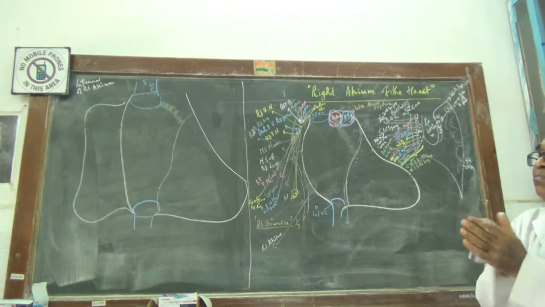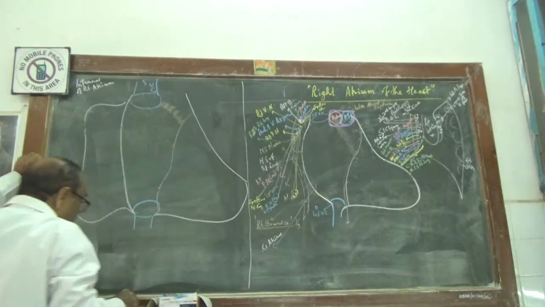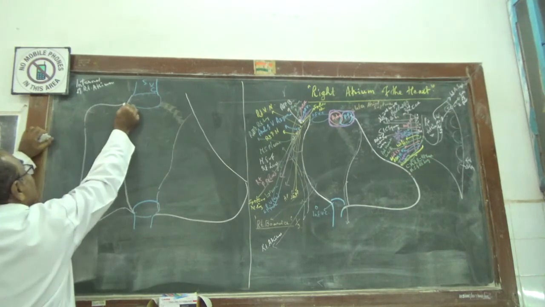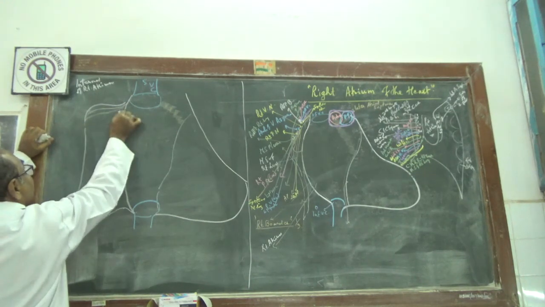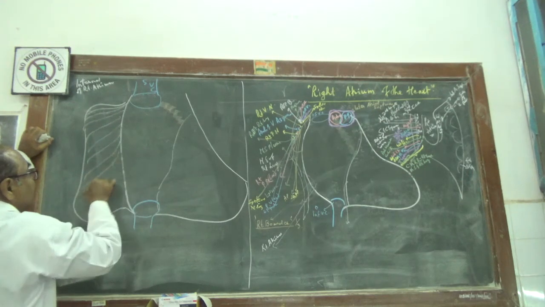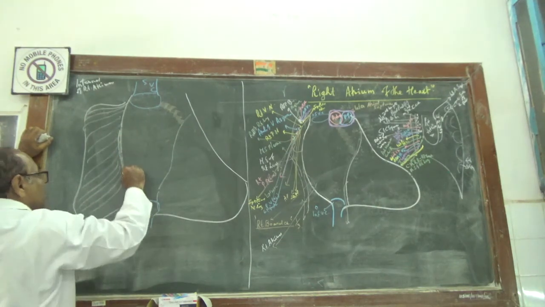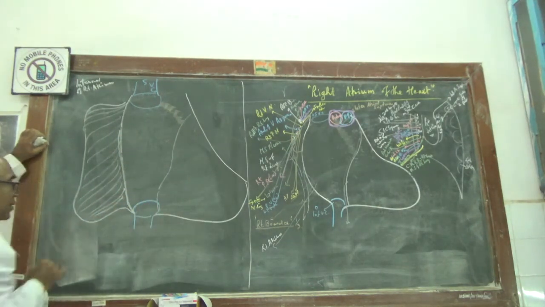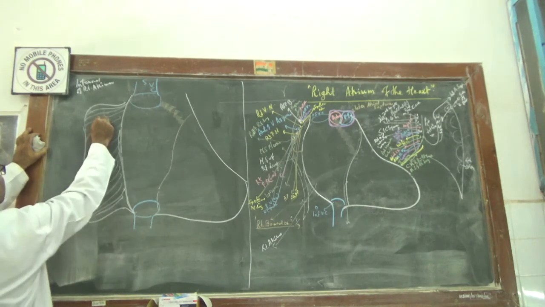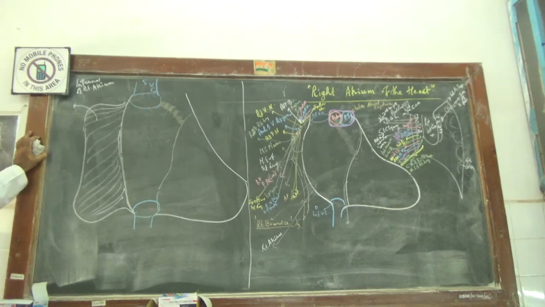Now the anterior part of the internal aspect of the right atrium is always rough. This is the anterior part, which is always rough.